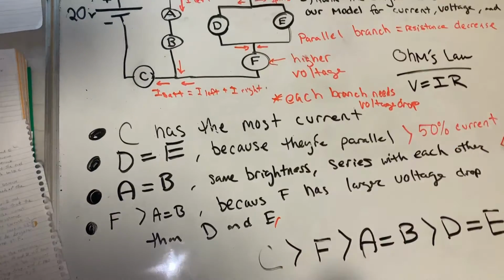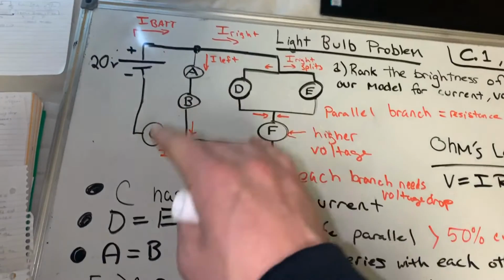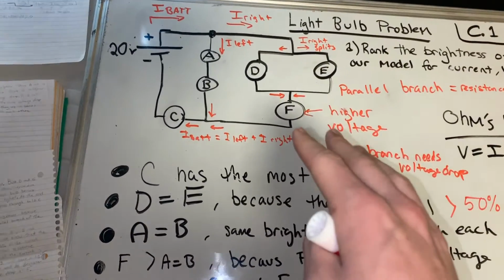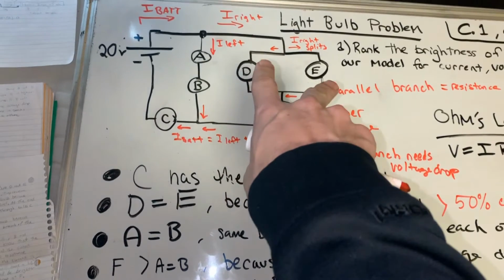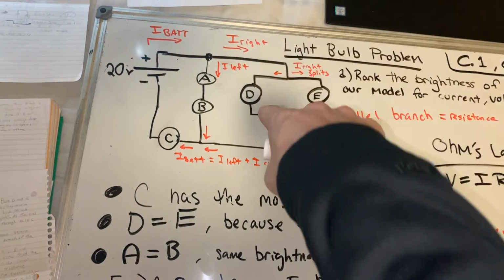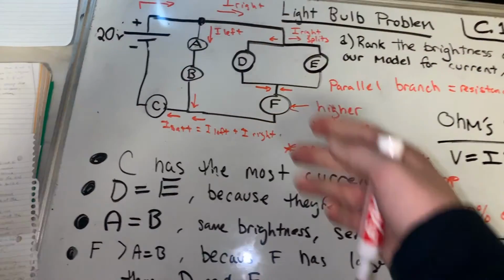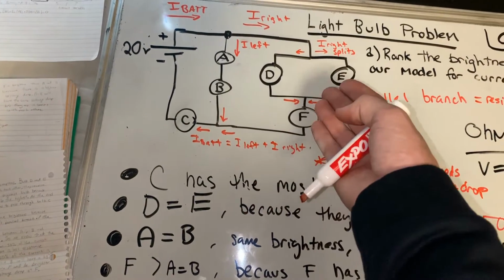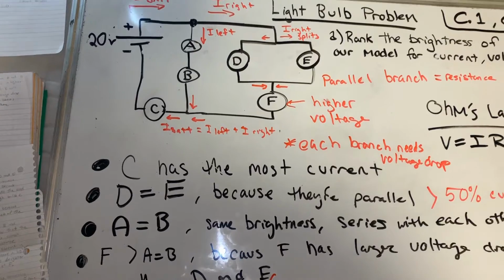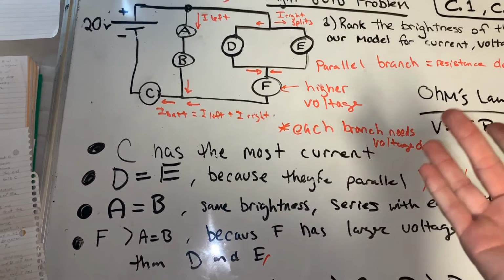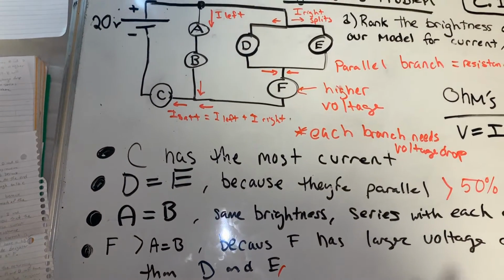So when comparing D and E, we see that since D and E equal each other, A and B are going to equal each other, but we don't know if this is going to be brighter or is this going to be brighter. We have to look at voltages and resistances as well, other than current.